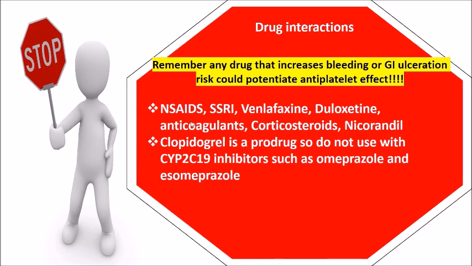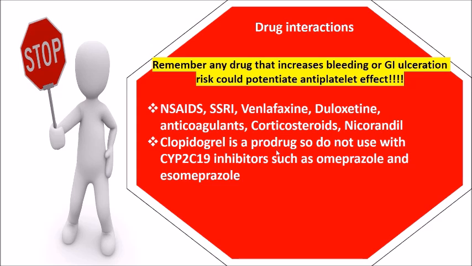Also anticoagulants like warfarin or acenocoumarol, heparin, low molecular weight heparins, corticosteroids like prednisolone or dexamethasone. Nicorandil, which is also used in angina, is a potassium channel activator and causes a risk of ulceration. So if you use it with antiplatelets, you run the risk of increasing ulceration.